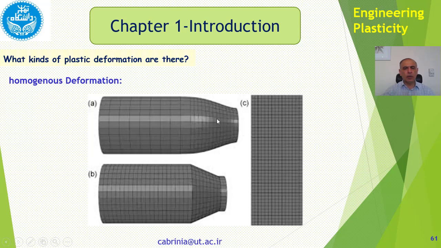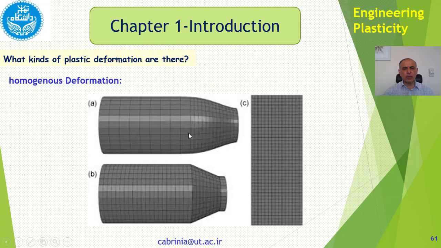Now this is a perfect deformation. It's a homogeneous deformation. It means that these rectangles that we have marked on the cylinder, as they go through the die and deform, preserve their shape. They are also here. We can see it's a rectangle. It has not changed.